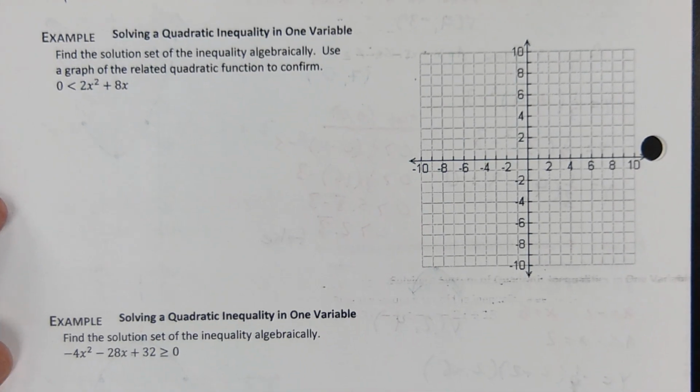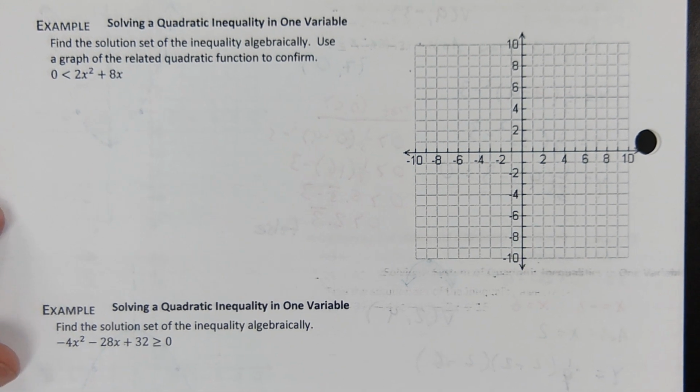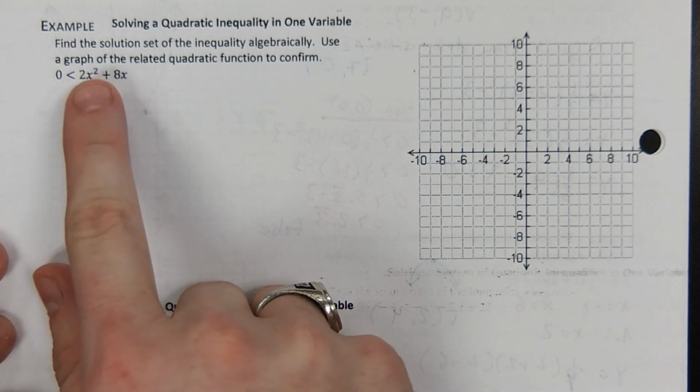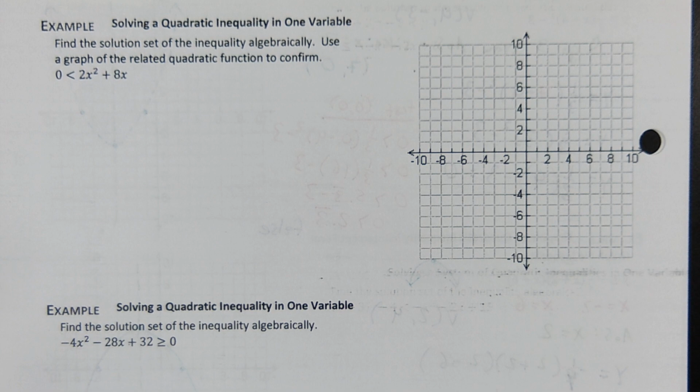Next. This is the only time I'm going to ask you to do something like this, and that is solve using 2 different methods. There's a reason why I'm asking you to do it in 2 different methods, though. The first thing we're going to do is graph the associated quadratic. Do you remember when we were doing solve by graphing, and I said, hey, let's graph the associated quadratic? It's the same idea.